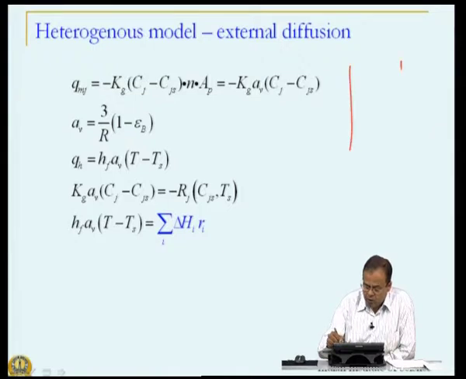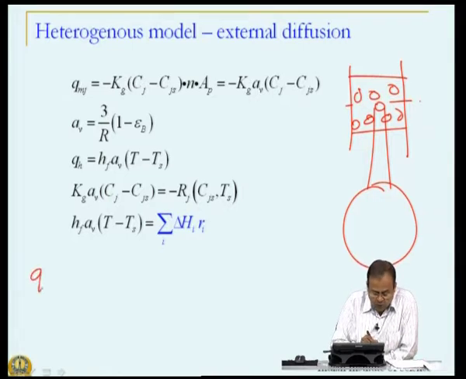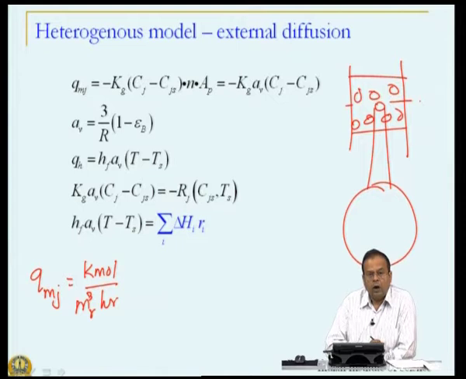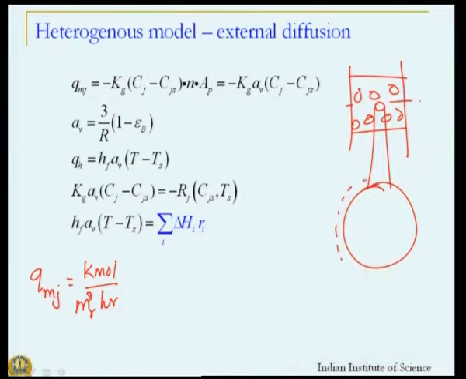So, once again what we are saying is that we have this catalyst bed. Now, if I look at one of these catalyst particles, let me start by saying that first only external diffusion limitations are important. What we are looking for is QMJ, which is kilomole per meter cube of reactor volume per hour. So, what is the rate of this reaction? Now, if you recall our discussion on external mass transfer limitations, we said that there is a thin film which surrounds this.